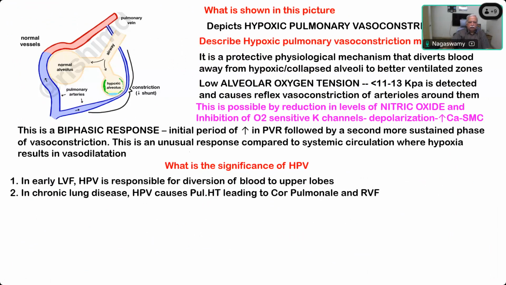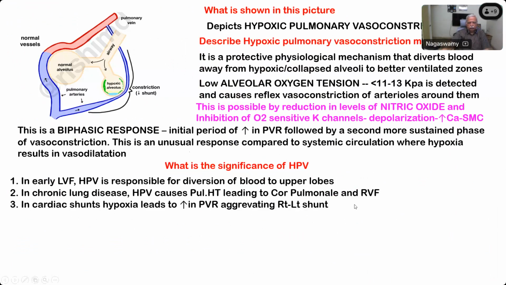In chronic lung disease, it causes pulmonary hypertension leading to cor pulmonale and later on right ventricular failure. In cardiac shunts, hypoxia leads to increase in pulmonary vascular resistance, aggravating right to left shunt.